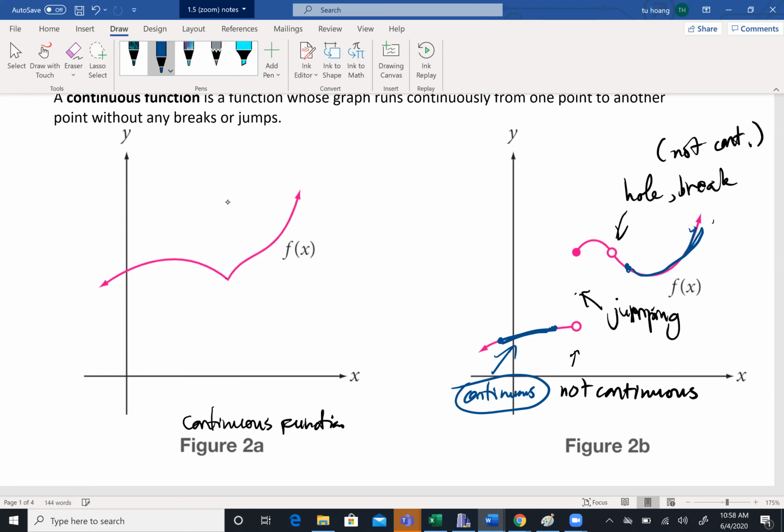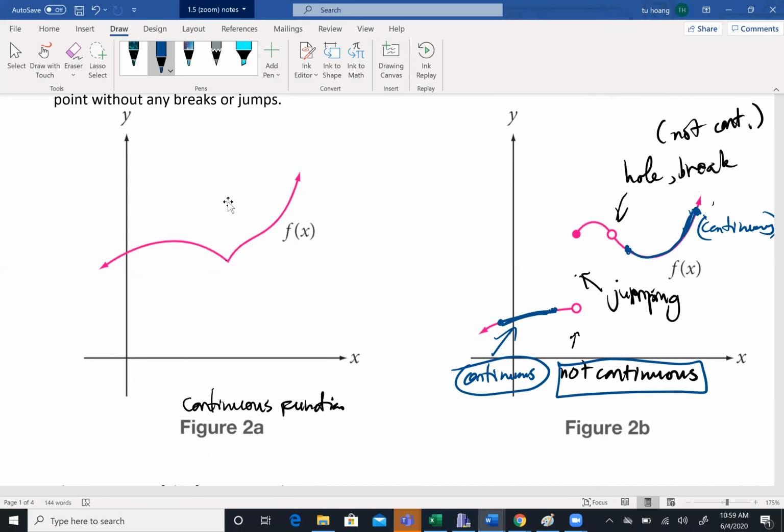After that, it's still moving with no hole and no break. So from this point to this point is still continuous. But in general, if I'm talking about this graph, I'm going to say it is not continuous.